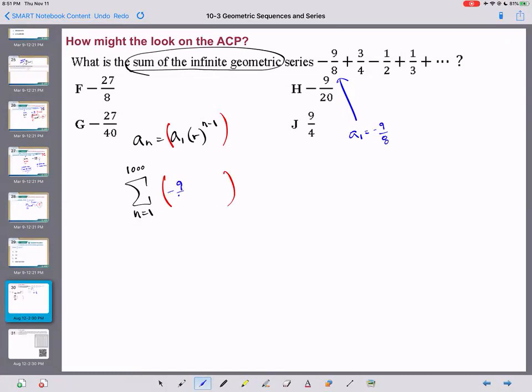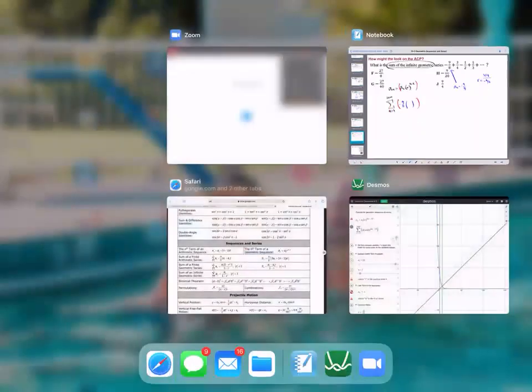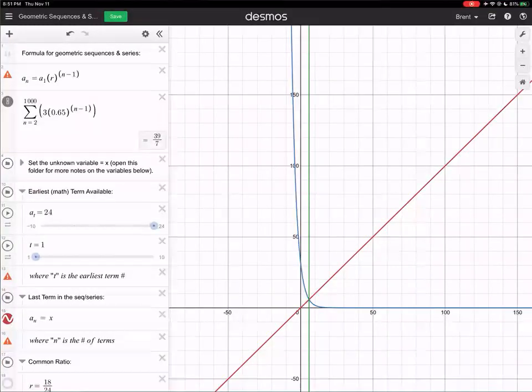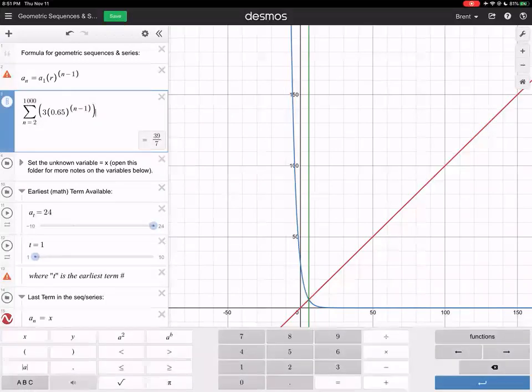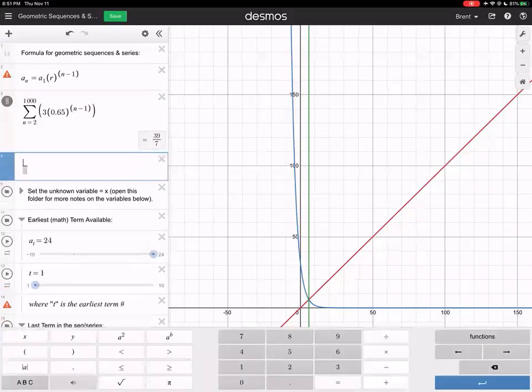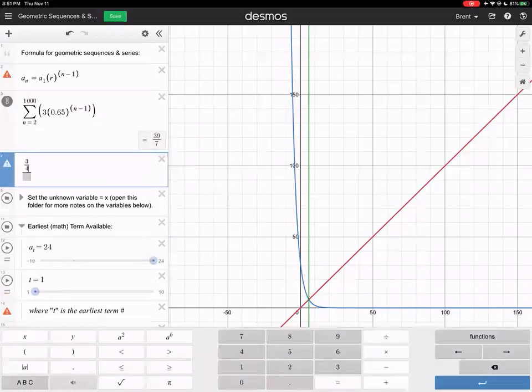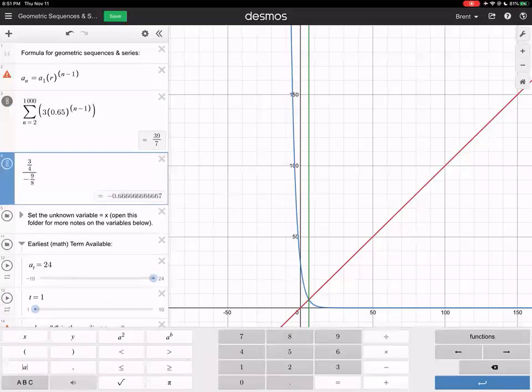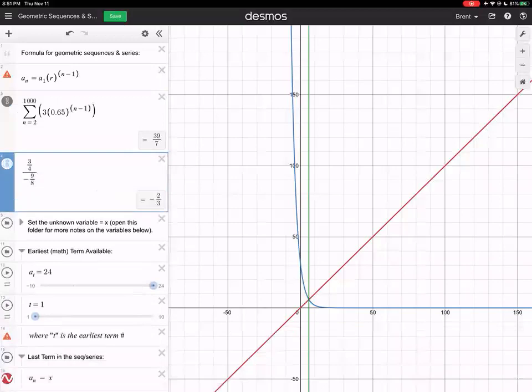So negative 9 divided by 8 times, let's see, the ratio would be 3/4 divided by negative 9 over 8. Let's go figure out what that is. That's an interesting one. So we have 3/4 divided by negative 9 over 8, which is negative 2/3.